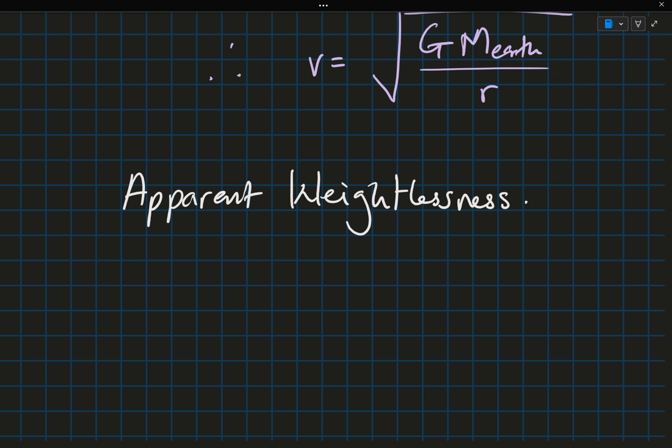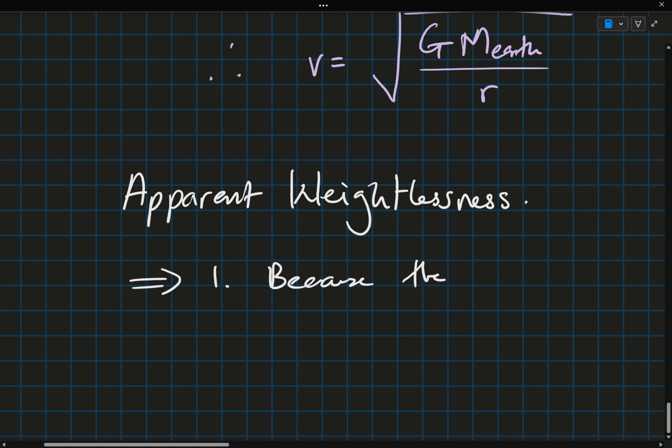Because we can state that they are in free fall, right? So they experience apparent weightlessness, one, because the astronauts are in free fall. What do we mean by that?